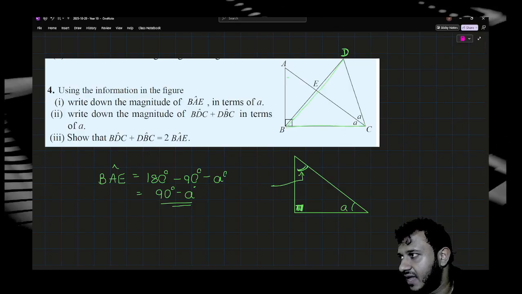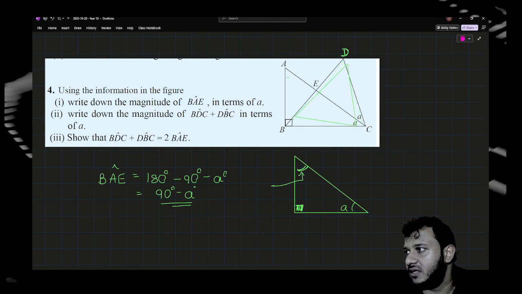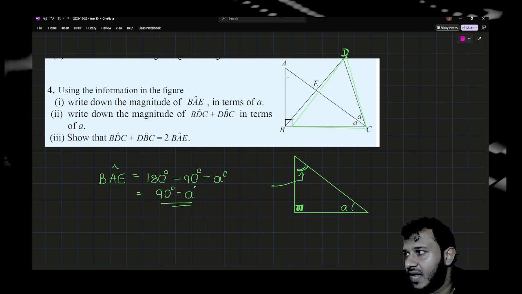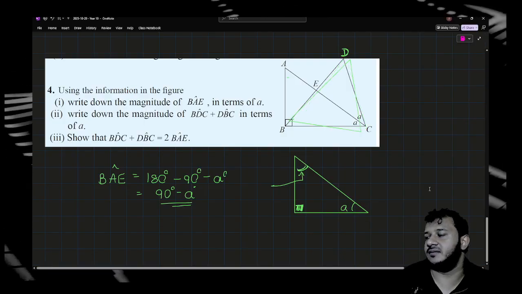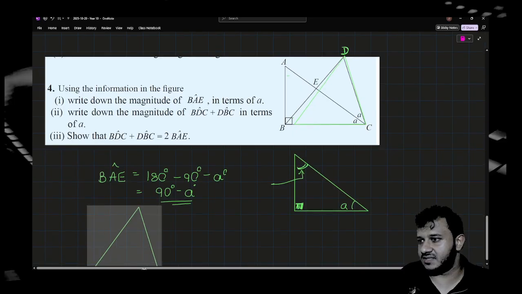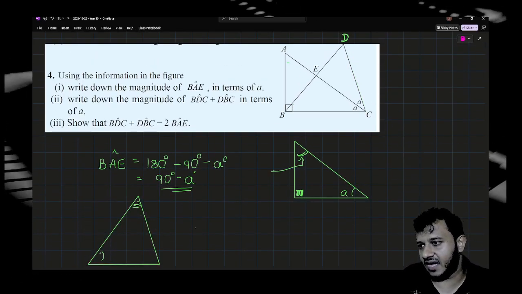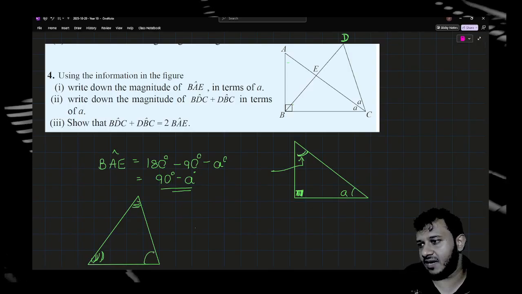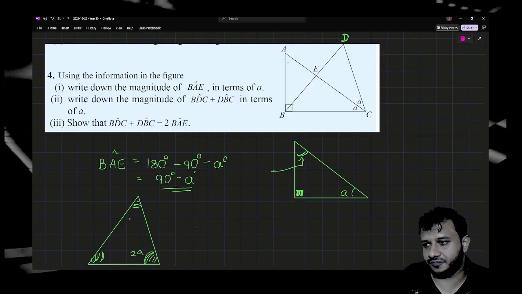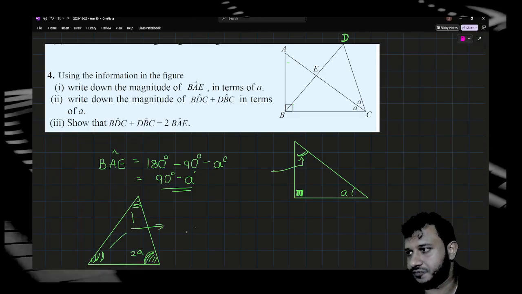They are asking the addition of what, Pute? BDC and DBC. It's easy, Pute. They are asking what is the sum of these two together, this angle and this angle together. How much is that? But we know, Pute, this angle is how much? That's A and A, that's 2A. So these two angles added together will be how much, Pute?